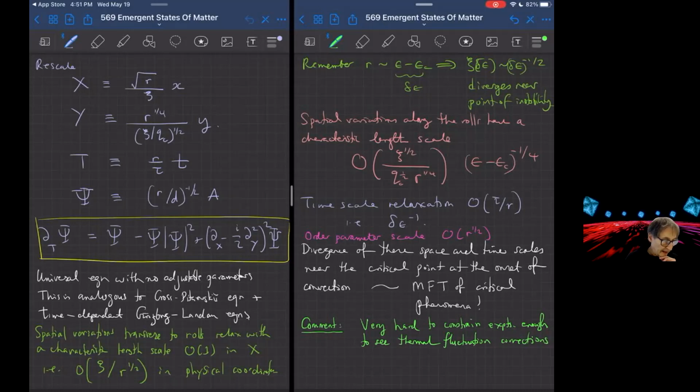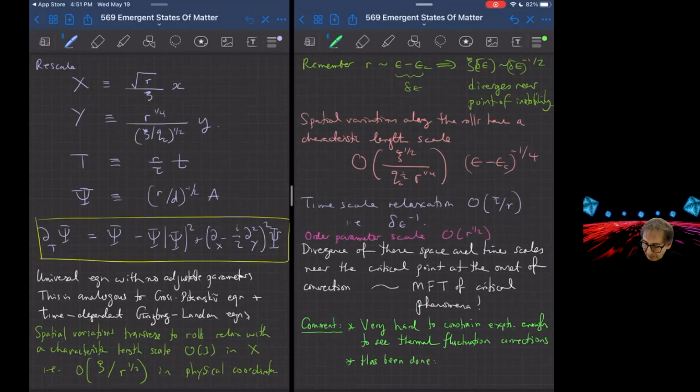These things are very hard to see, but not impossible if you have brilliant experimentalists like Gunther Alles and collaborators. So this has been done in a real tour de force.